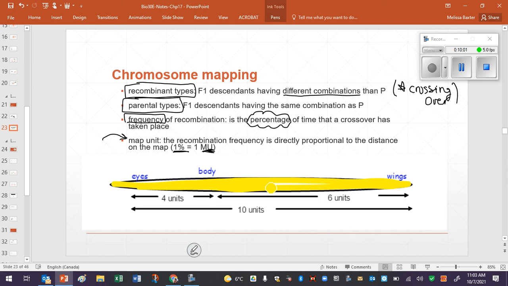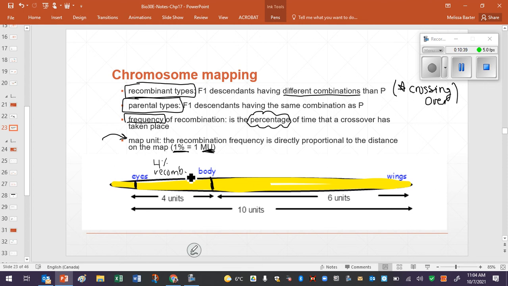Well, if you notice, I indicated that there are 4 units between the gene for eyes and the gene for the body type. That means that there was 4% recombination between those 2 genes. And that's the data that you would be given. There was 4% recombination between the gene for eyes and the gene for the body shape. So you would interpret, they must be 4 spaces apart on the chromosome map.